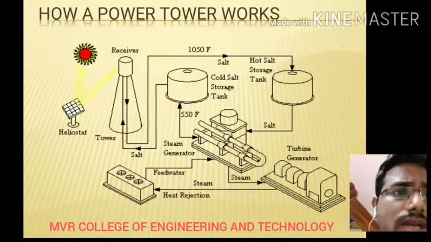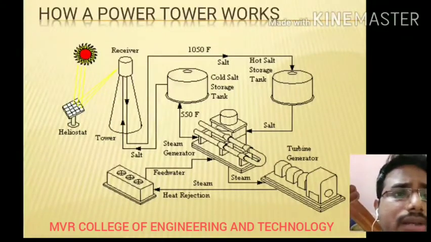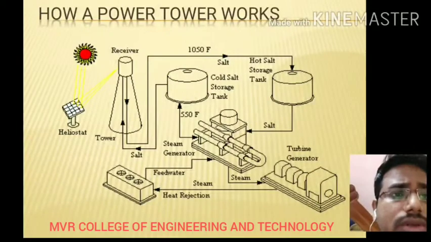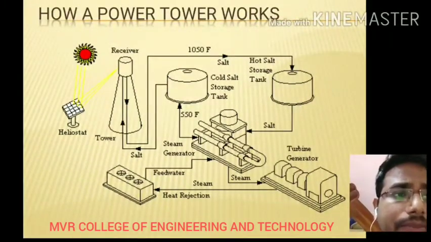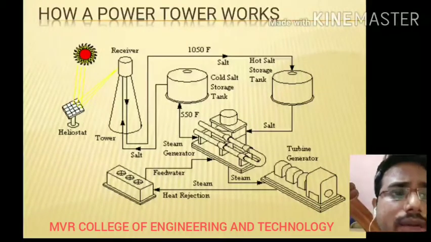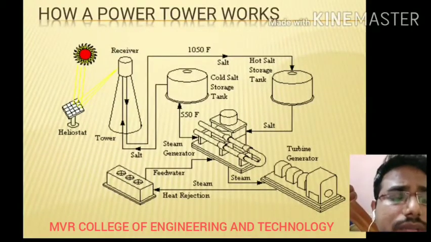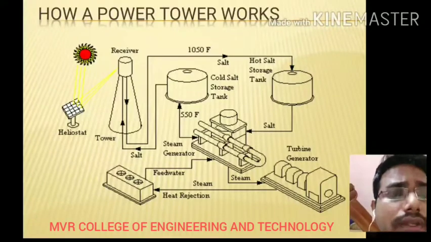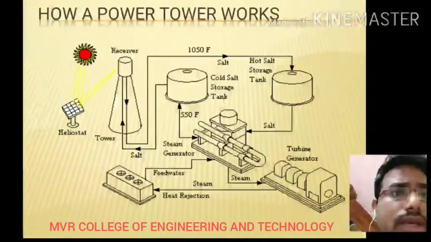From the hot salt storage tank, it will enter the steam generator. From the steam generator, the steam will hit the turbine, and the turbine will rotate. Whenever the mechanical input is given to the generator, it will convert into electrical energy. So by this you can use the solar energy.